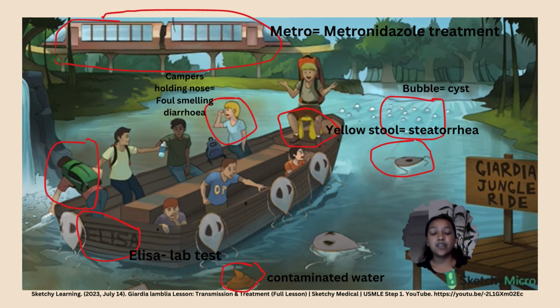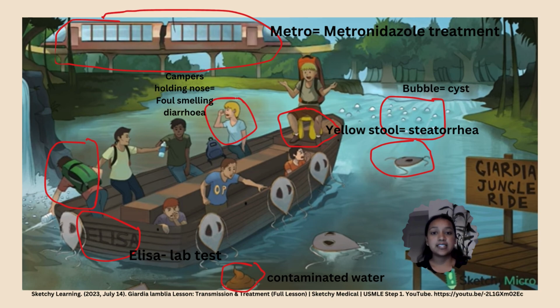Firstly, when we look at the picture of the feces, this could indicate that the water is contaminated, and later we see that the backpack guy is collecting unpurified water and handing it to another person to drink. This could indicate the transmission mode, which is the fecal-oral route of Giardia lamblia.